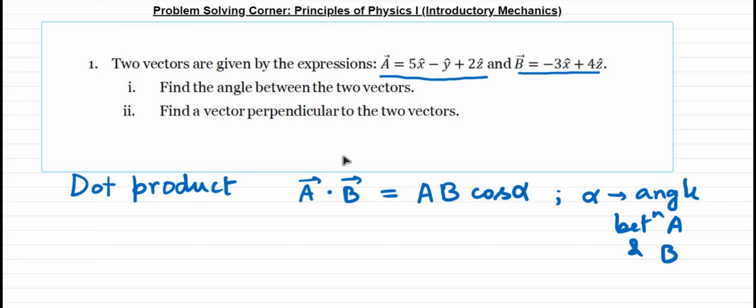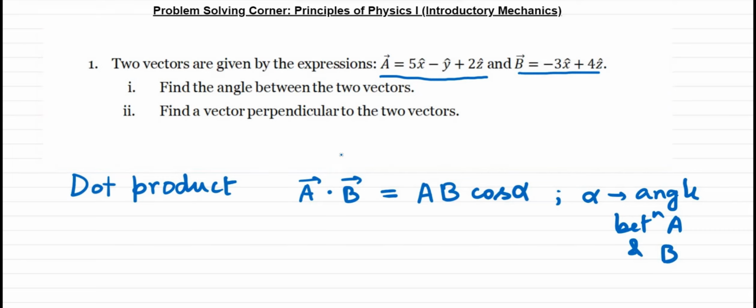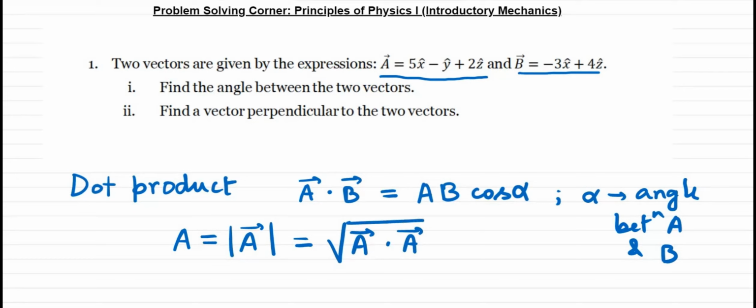So not only do we have to find A dot B, but we'll also have to find the magnitudes A and B, where we also need the dot product. The magnitude of A is given by the square root of A dot A. Similarly for B, we have the square root of B vector dot B vector.